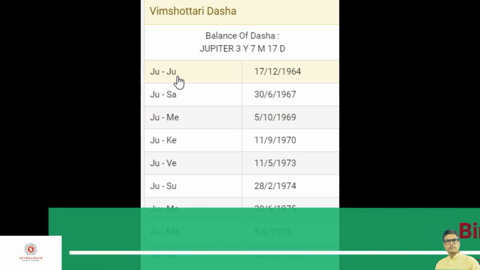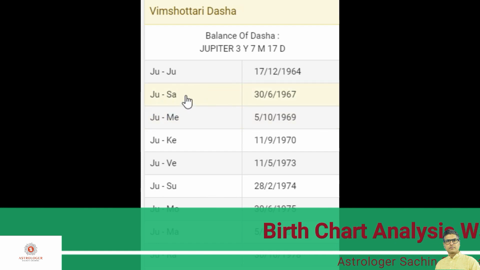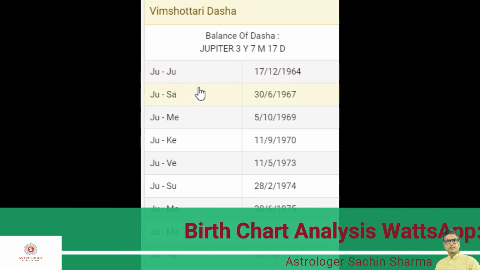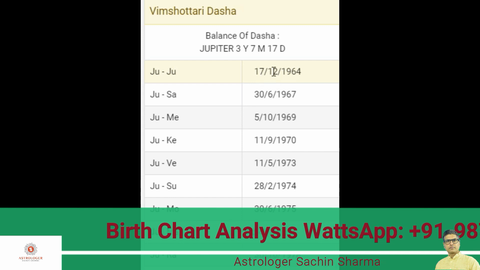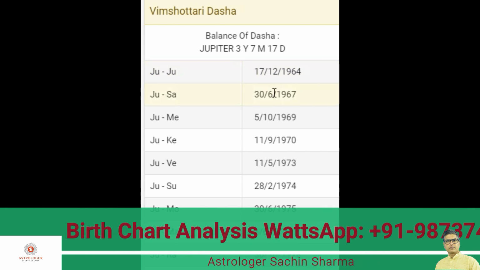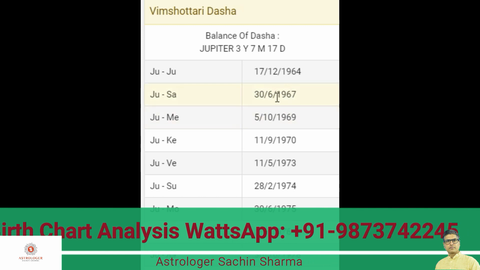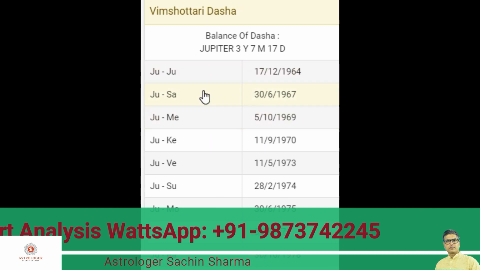That means after Jupiter, Saturn Antardasha will be there, and after Saturn Antardasha, Mercury Antardasha will be there. So after Jupiter, Saturn Antardasha will be from 17th of December 1964 to 30th of June 1967, approximately 2.5 years.